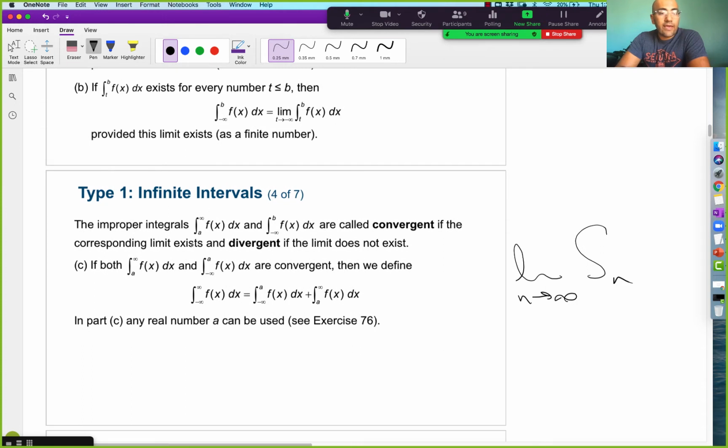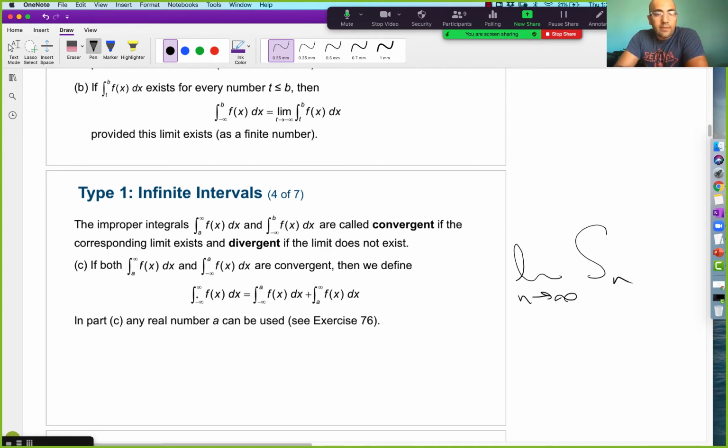And now if we have something like this, where we're integrating some function from negative infinity to positive infinity, then we just break it up into two pieces, where we can arbitrarily choose some convenient constant value of a. 0 is very popular, but it could also be 1 or any other convenient value.